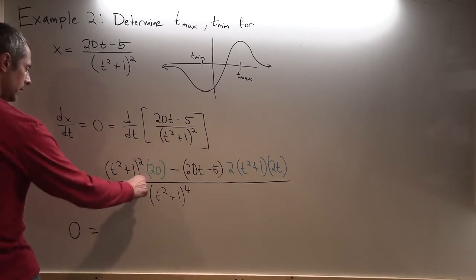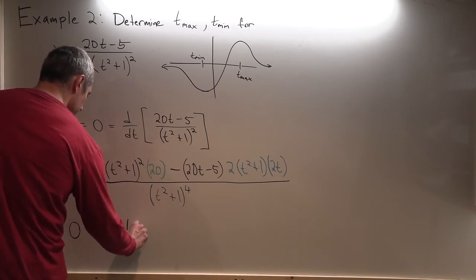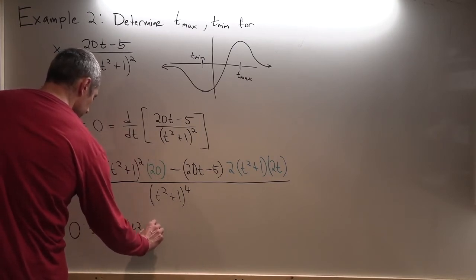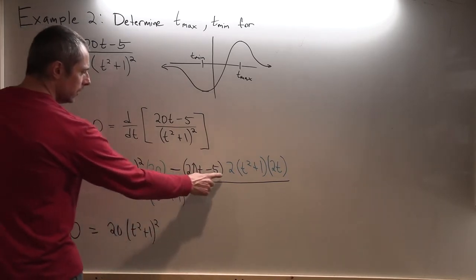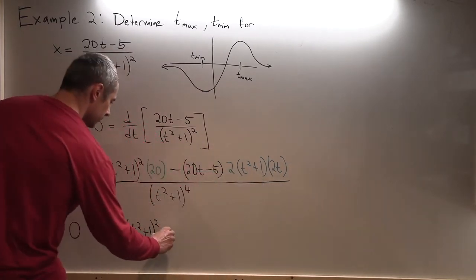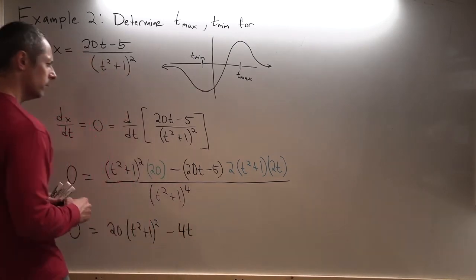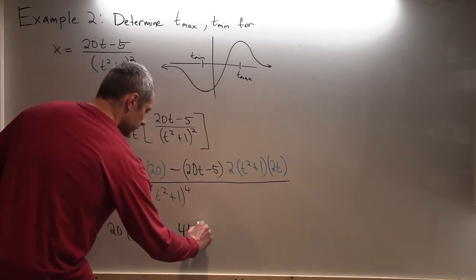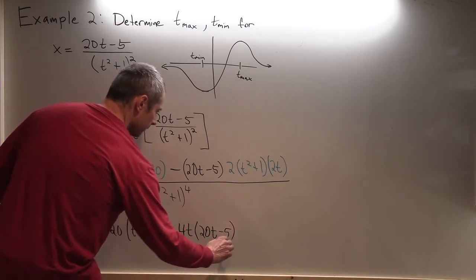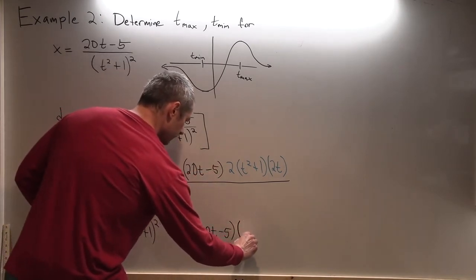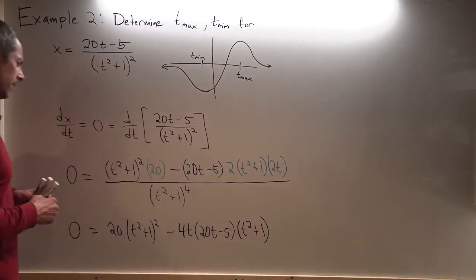So that just leaves me 20, and then here minus 4t, and then our two functions.